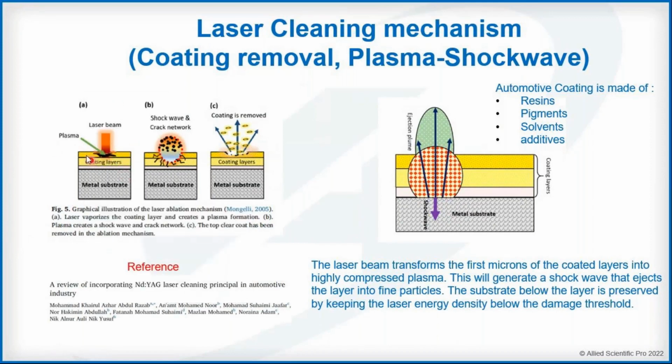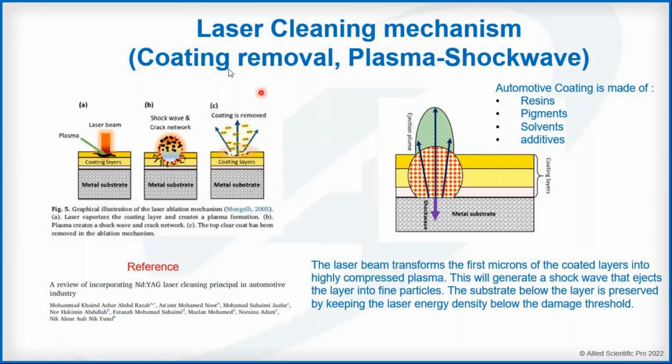The car paint is on a metal substrate and usually consists of resins, pigments, solvents, and additives. The laser beam is shining on the coating and gets absorbed by the coating. Then plasma is formed, and the shock wave causes the mechanical breakdown of the surface, and the coating is removed.